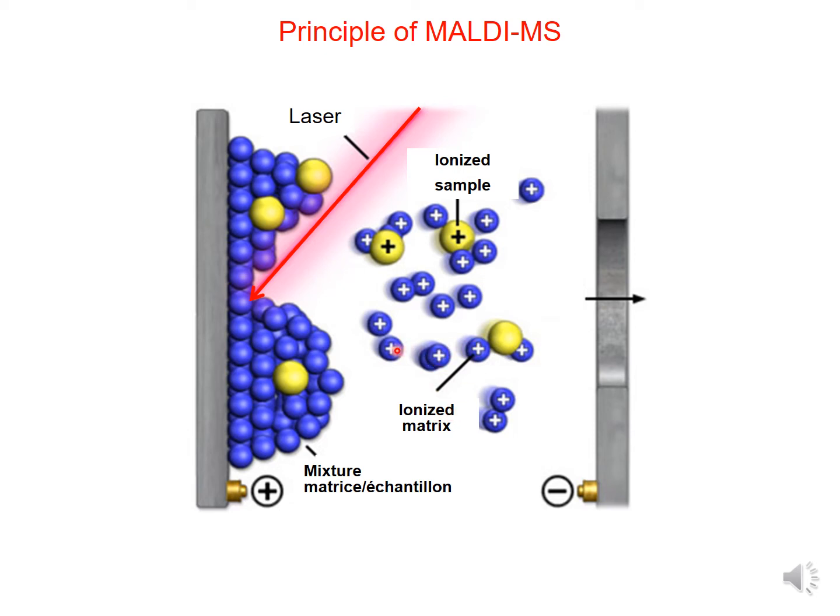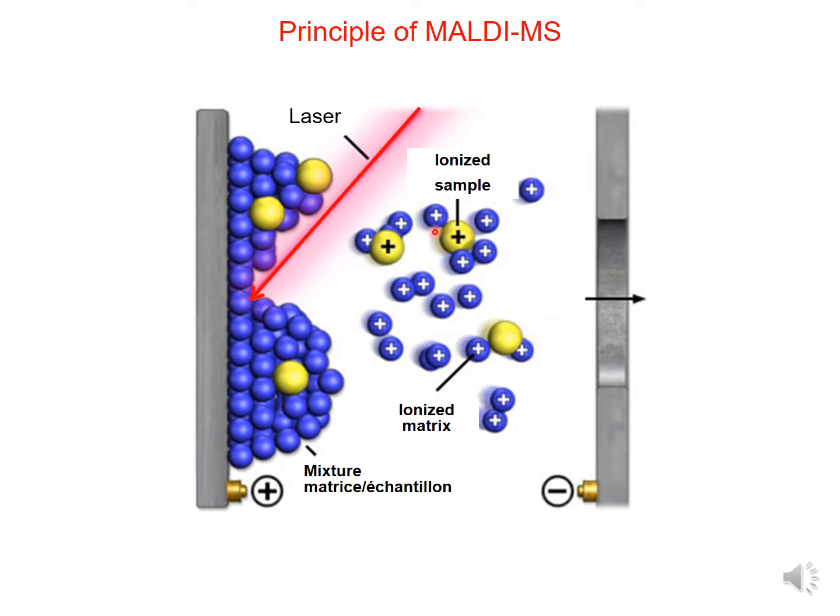The ionized matrix is obtained because it absorbs the energy, the wavelength of the laser. And due to the fact that there is a lot of matrix as compared to the small quantity of sample, by transfer of energy from the matrix to the sample, you perform the ionization of the sample.